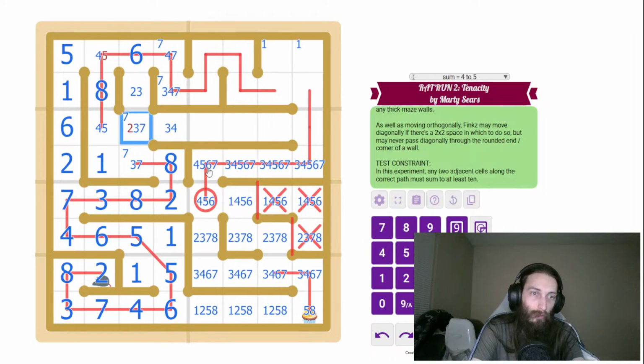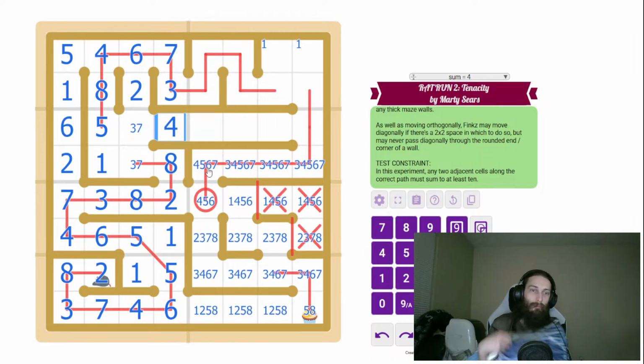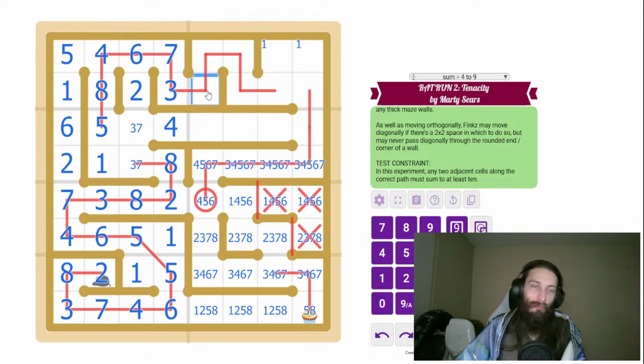5, 6, 2. 3, 7 pair places a 2. 4 and 5. 7, 3, 4. 3 has to go to 7 because there's an 8 in the box.